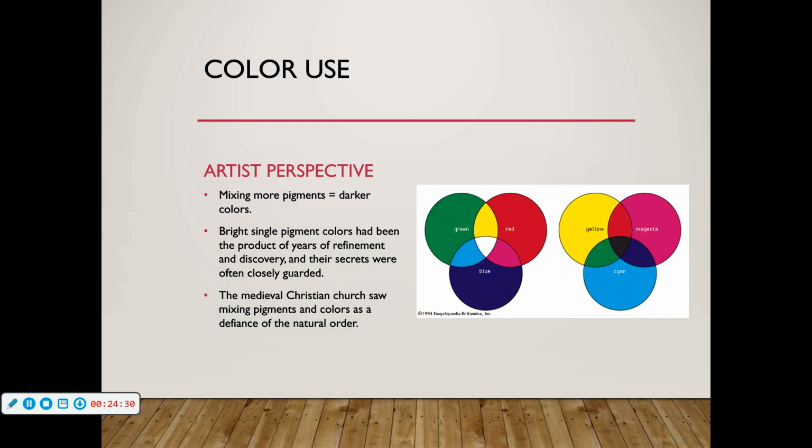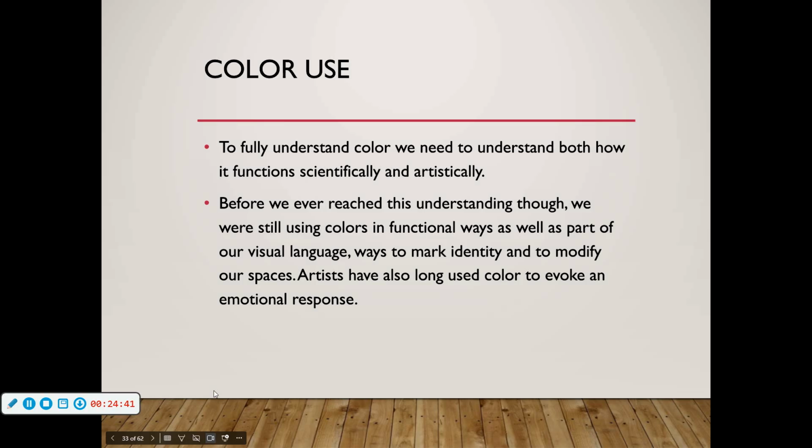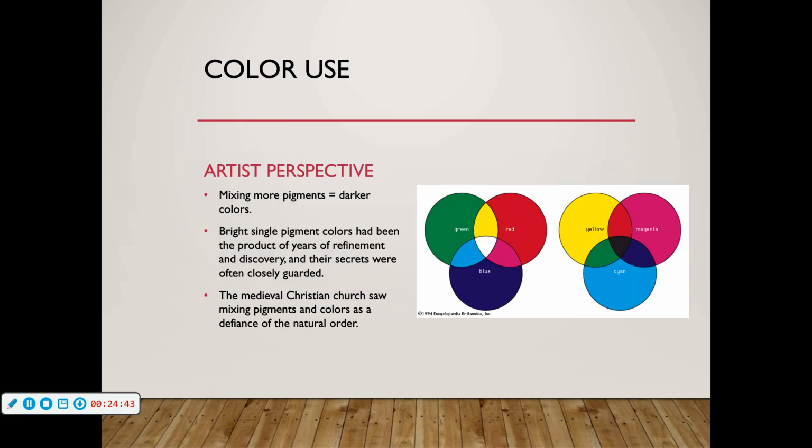The bright single pigment colors that have been produced after years of refinement and discovery, and their secrets are super closely guarded by the people that we come to understand as alchemists. Alchemists initially are after creating different colors.